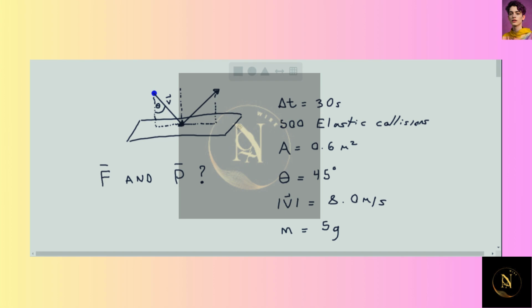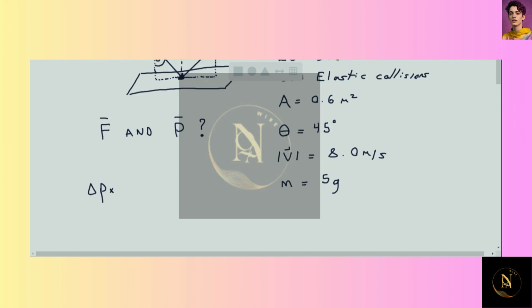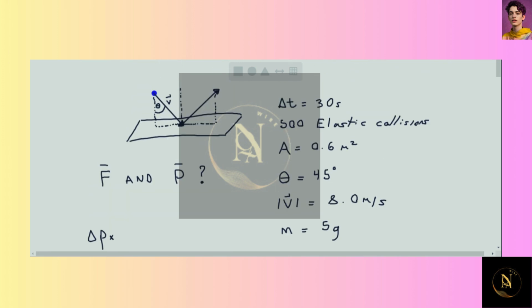Basically, the way we started this whole derivation was that we looked at what the change in momentum would be in the x direction, delta p x, which in my drawing here, the x direction is going to be perpendicular to the plane of incidence.